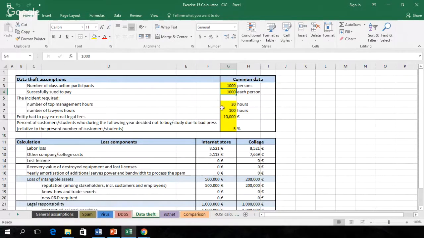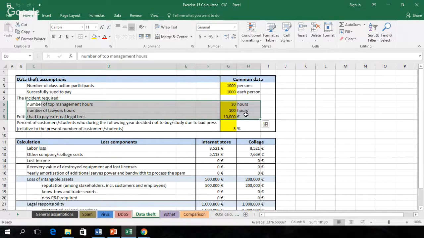Cell B6 contains the amount of time of top management and lawyers, in cell 7, and external legal fees in cell 8.